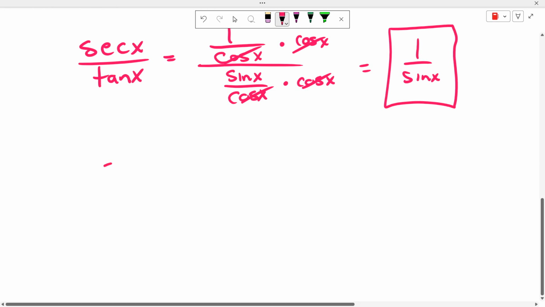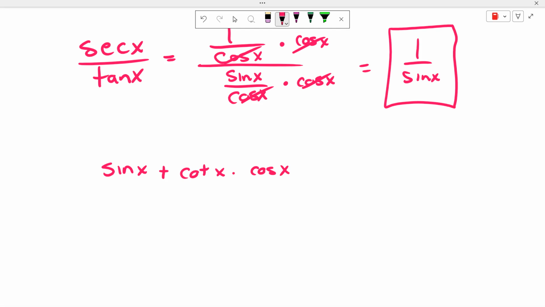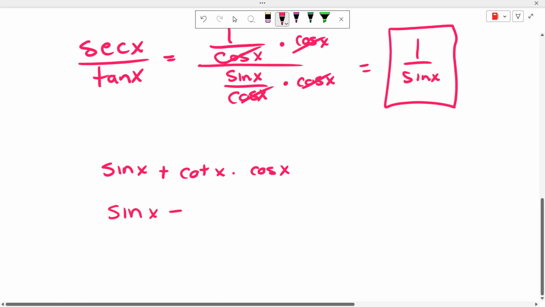Okay? Let's say we have sine of x plus cotangent of x times cosine of x. Let's see what that turns into. Now, if you already have sine and cosine, you leave it as sine and cosine. So sine of x plus, what's cotangent?